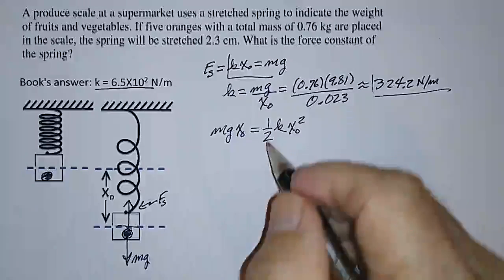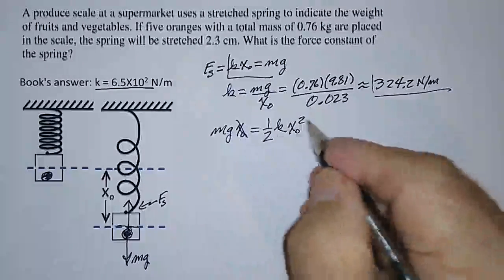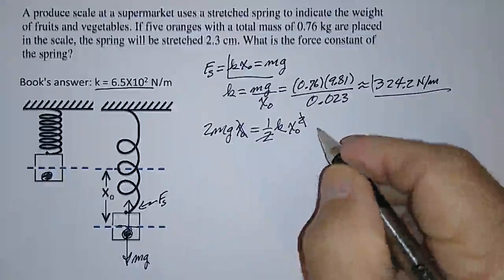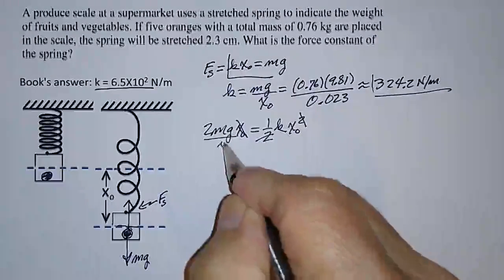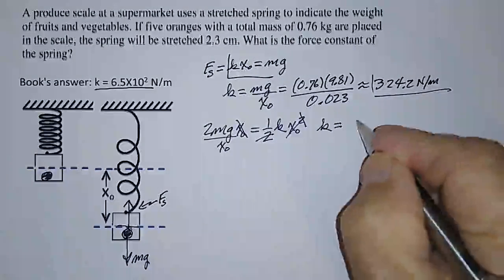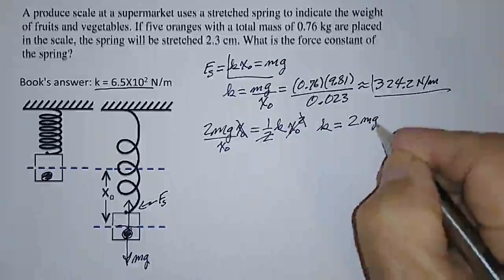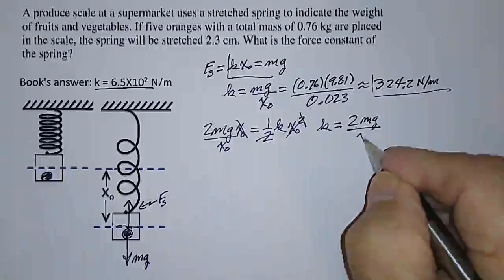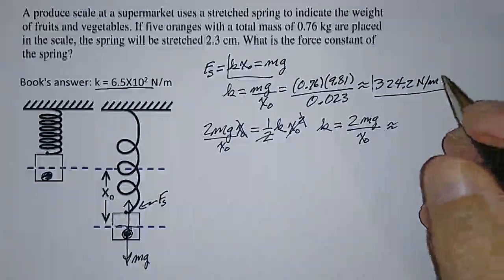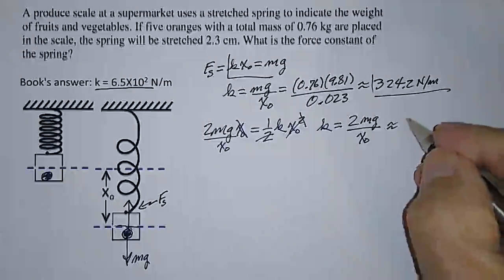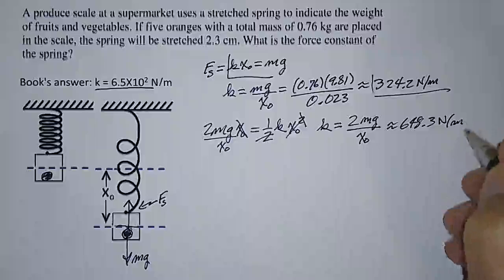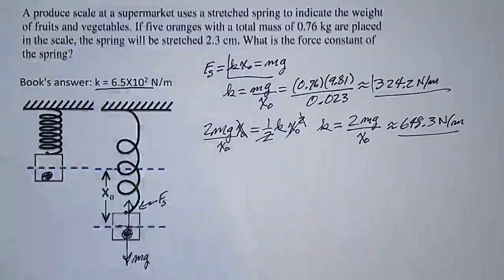Now, if you solve this for k, divide out one of those, multiply through by 2, and then divide by x naught, k then is equal to 2 mg over x naught, and that's approximately equal to 648.3 newtons per meter. And that's what the book got.